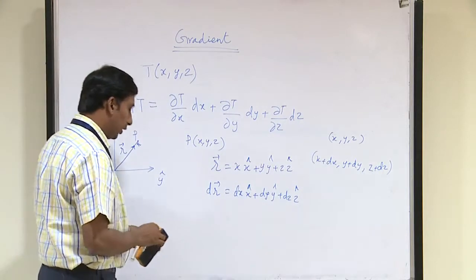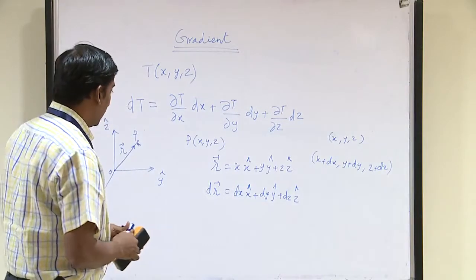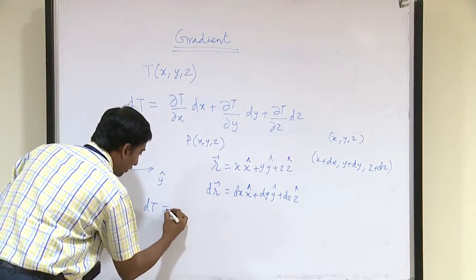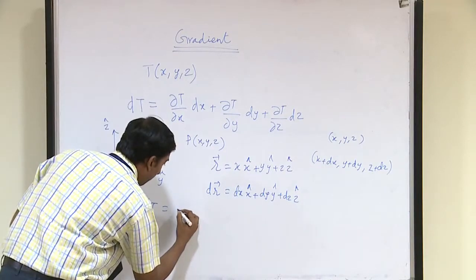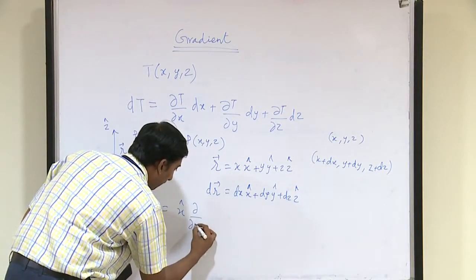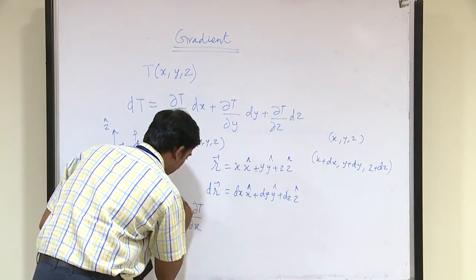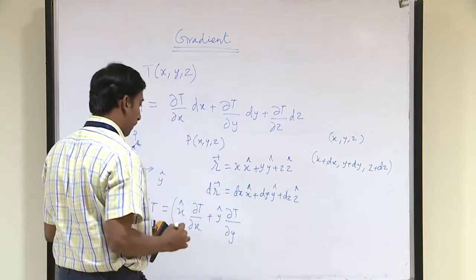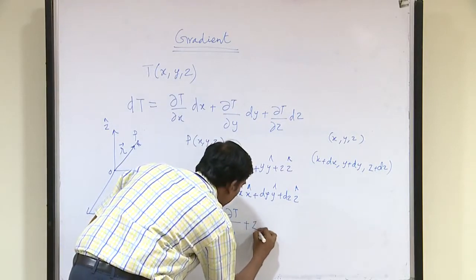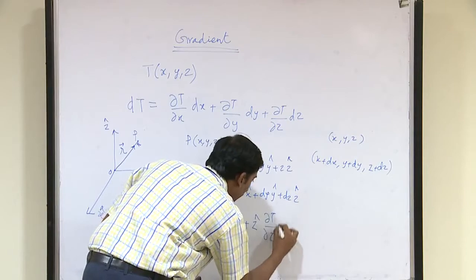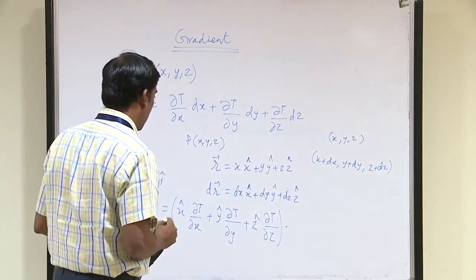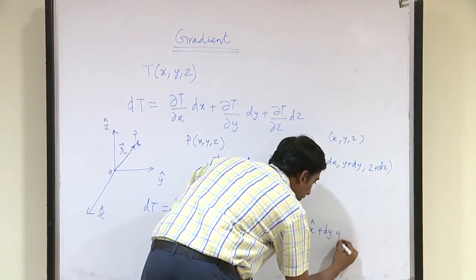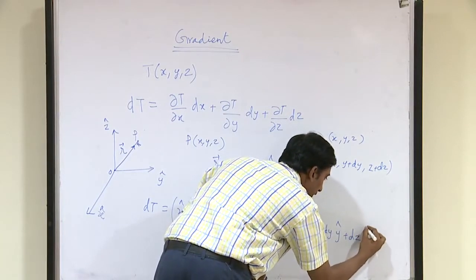So now, using the definition of the dot product and the dr vector, we can rewrite dT in this way: dot dx x cap plus dy y cap plus dz z cap.